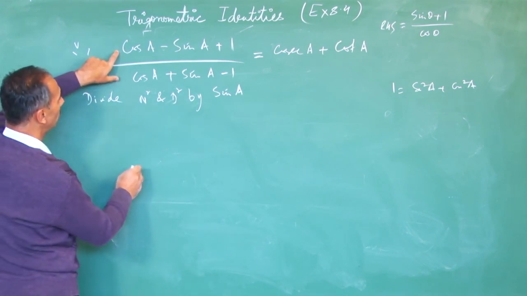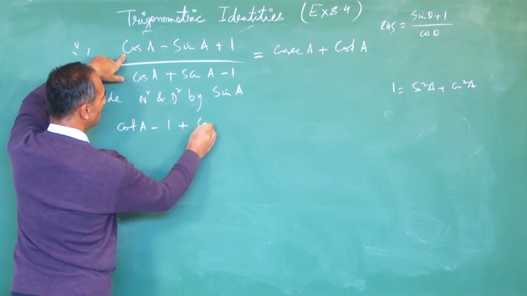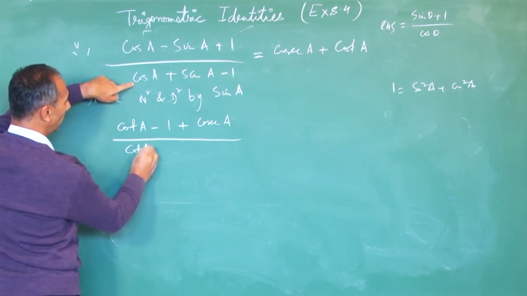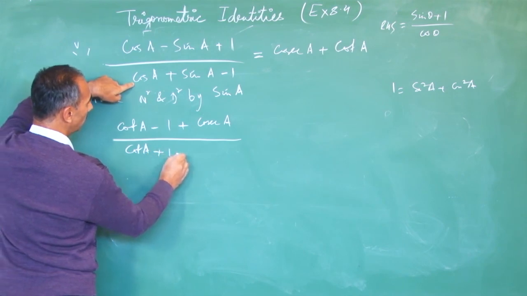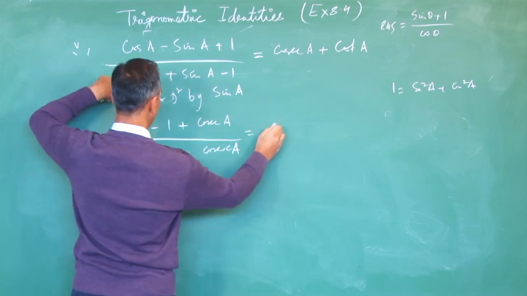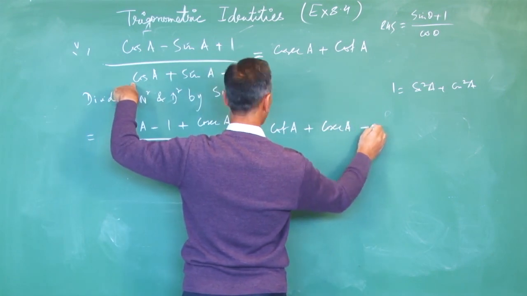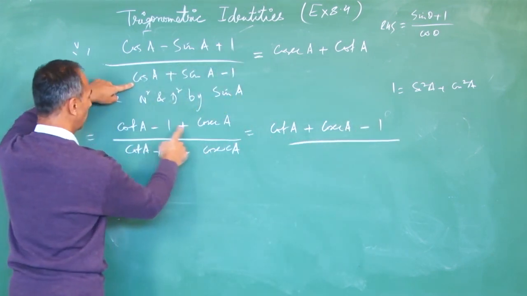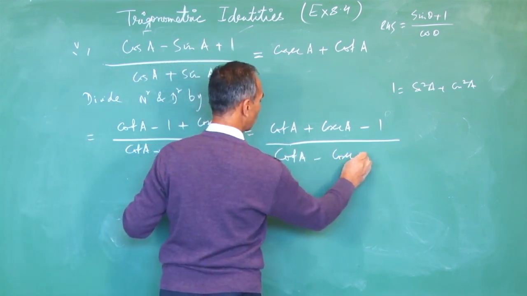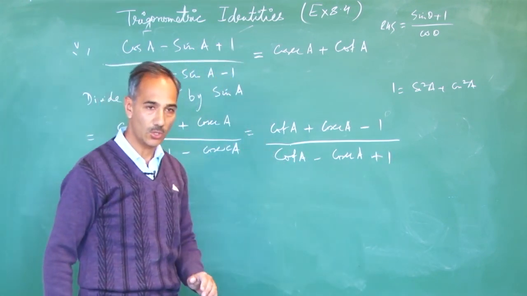When you divide numerator and denominator by sine, this becomes cot of A minus 1 plus cosec A, upon cot of A plus 1 minus cosec A. This is nothing but cot A plus cosec A, keep 1 at the end, minus 1, upon cot A minus cosec A plus 1. So I have brought it to cot cosec format.